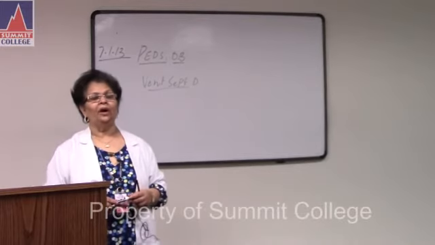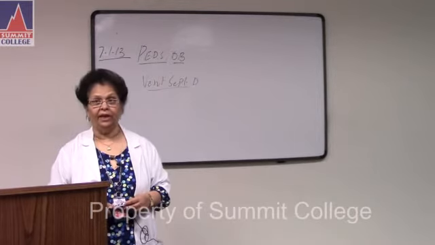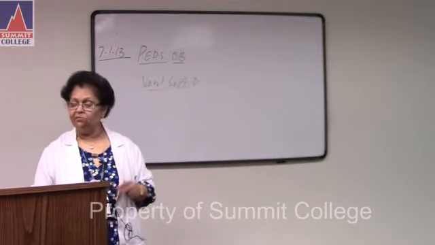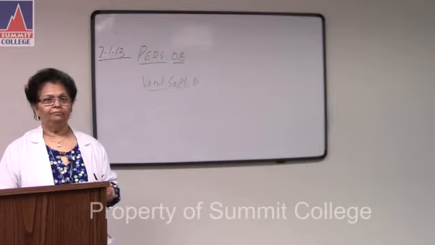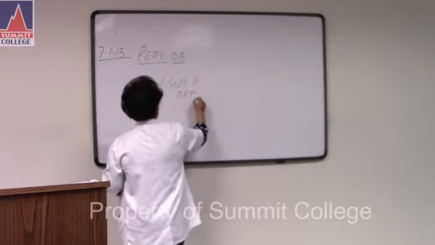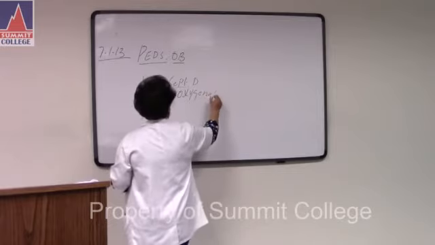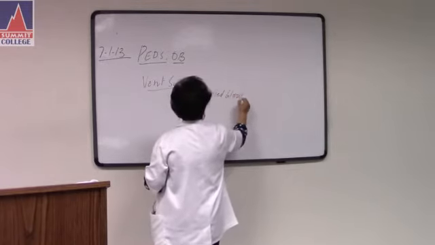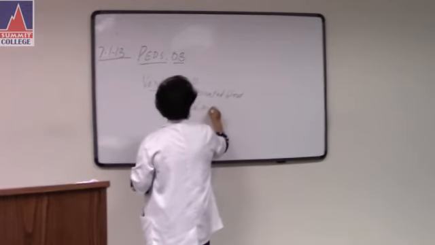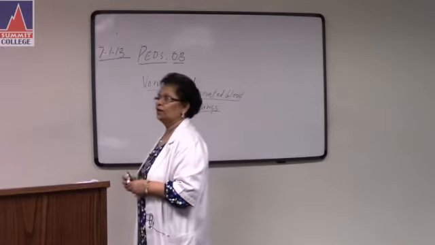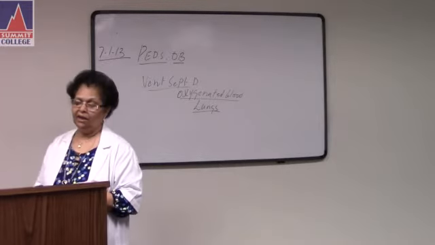I want you to add there, when they have done surgery for ventricular septal defect, your outcome is to prevent oxygenated blood going back to the lungs. So what is it preventing? Oxygenated blood is not going back into the lungs.